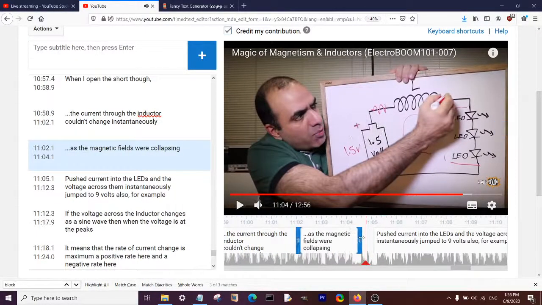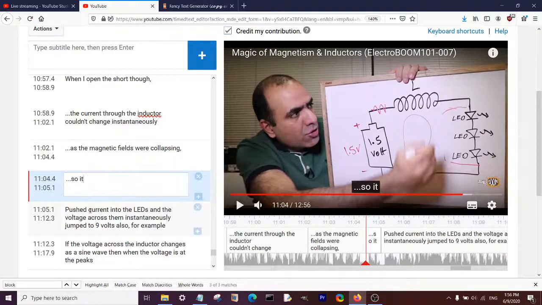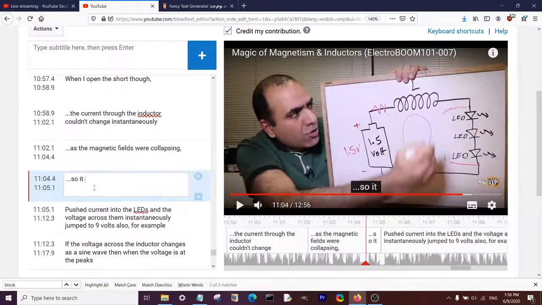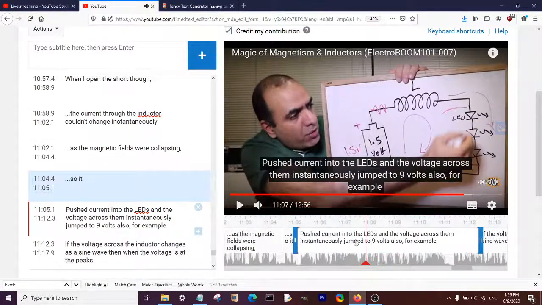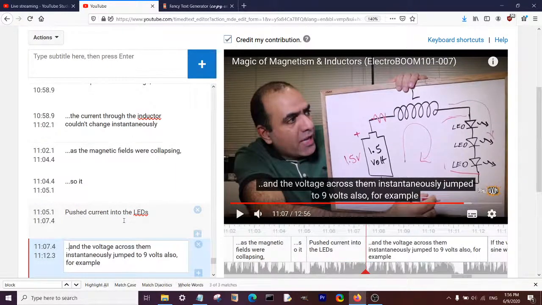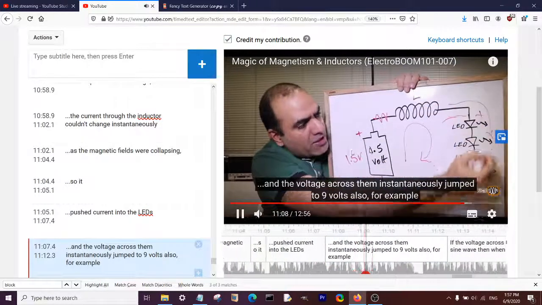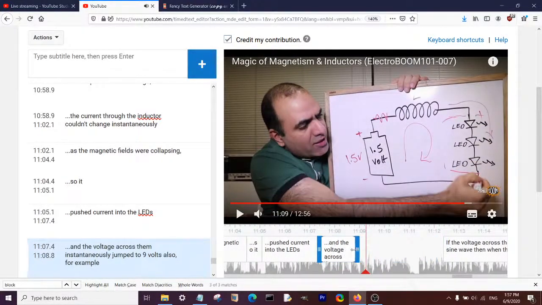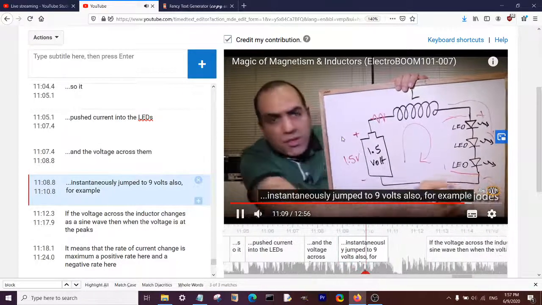So it pushed current into the LEDs, and the voltage across them instantaneously jumped to 9 volts.